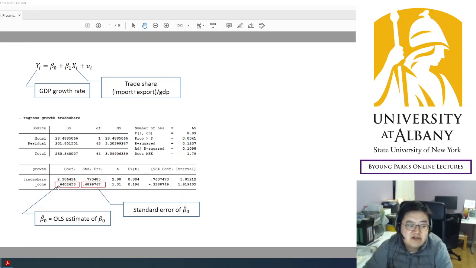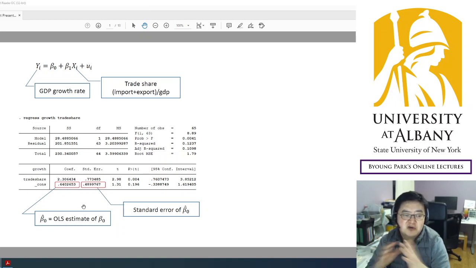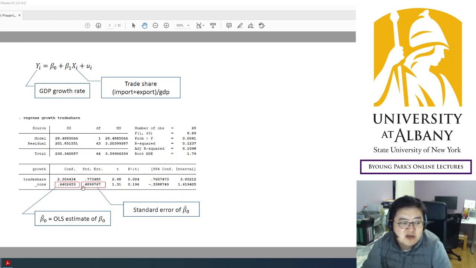So the intercept itself has no economic interpretation, no economic meaning, but we need to know this to predict y, because it is a part of the function. So you need to know beta 0. As a result, because it is far from the majority of observations and does not occur in reality, the standard error is quite high.